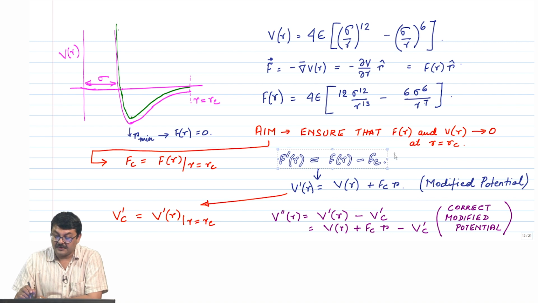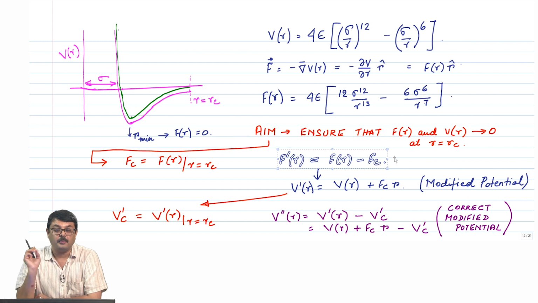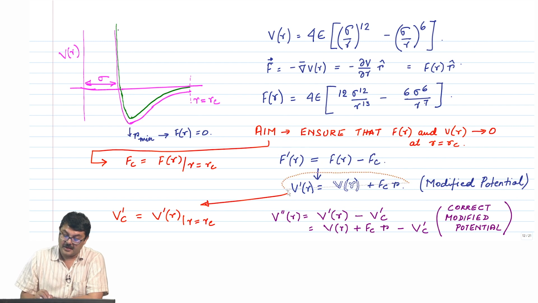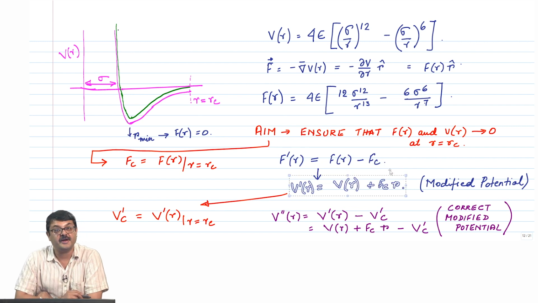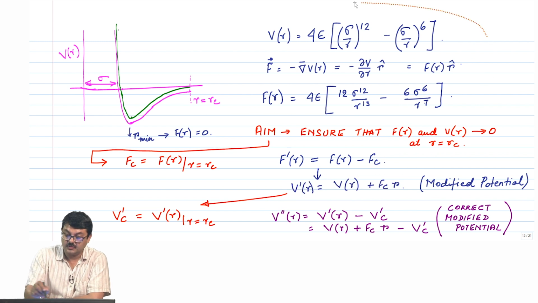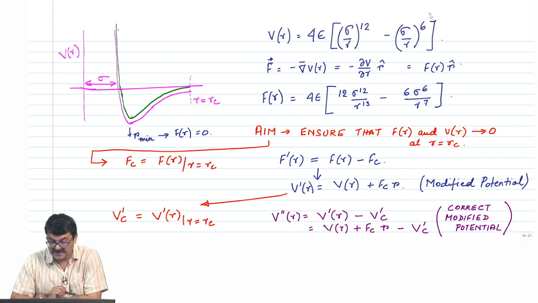But if you have this f dash r to be the operating expression for force, the slightly modified expression for the force, what you have landed up is you have practically also modified the expression for the potential. The potential is no longer v of r as in this.